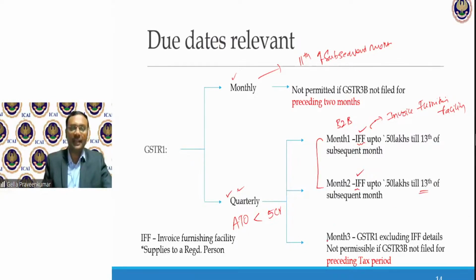And in month 3, instead of IFF, the regular GSTR-1 is filed and the regular due date of 11th is applicable for month 3. And GSTR-1 is not permitted if GSTR-1 is not filed for preceding 2 months. And in case of quarterly return, if 3B is not filed for the previous tax period, they will not allow this IFF facility to be filed.